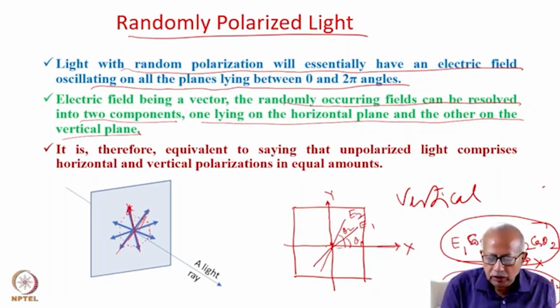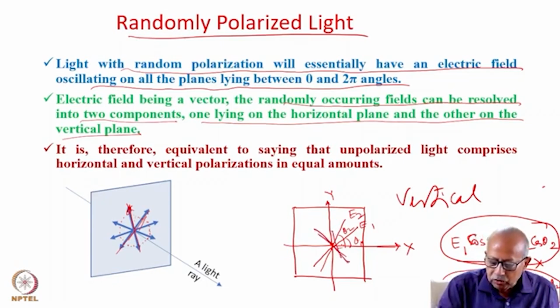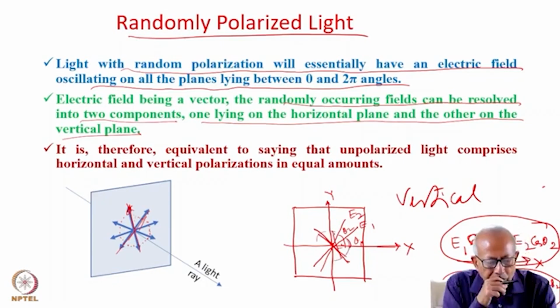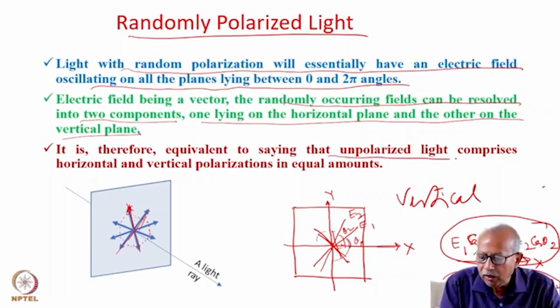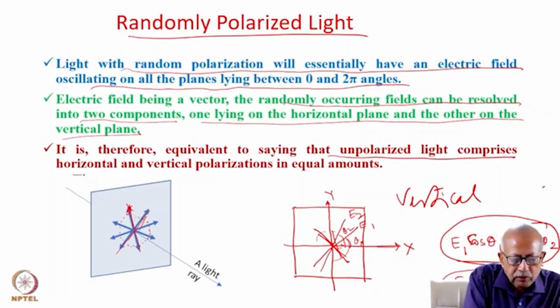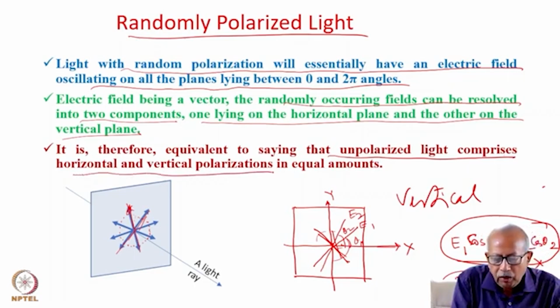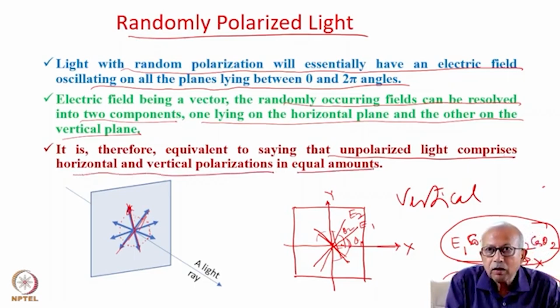In other words, we can say when we take all the electric fields which are oscillating randomly all around for the entire 0 to 2 pi angle, equivalently, unpolarized light comprises horizontal and vertical polarization in equal amounts because it is random. So if you add up the components in this direction and in this direction, they will be equal.